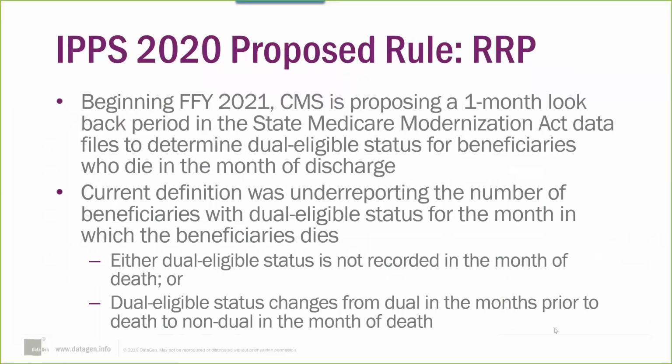So CMS is proposing a 1-month look-back period in the file that they use to identify full benefit dual eligible patients to see if those patients were, in fact, full dual eligible or not. And this will not make much of a difference on many hospitals' ratios, but in order to not miscount, they will start that in the 2021 program if it's finalized.